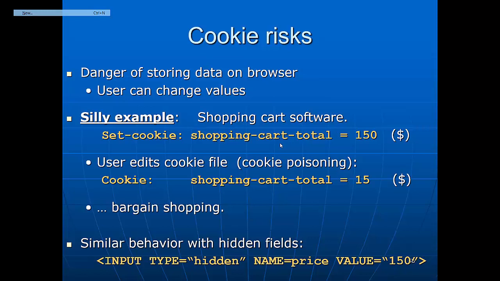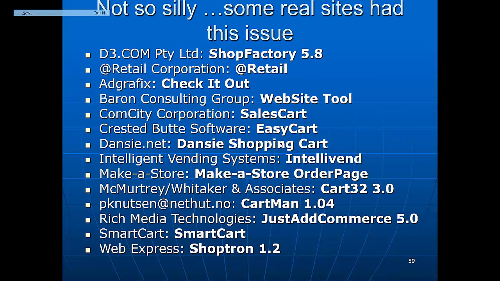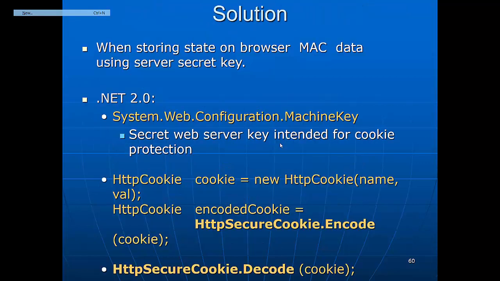And another example is hidden fields. People sometimes use them in HTML. And these are actual real sites that had this particular issue. So these crooks basically ended up, instead of paying 150, buying something for $15.